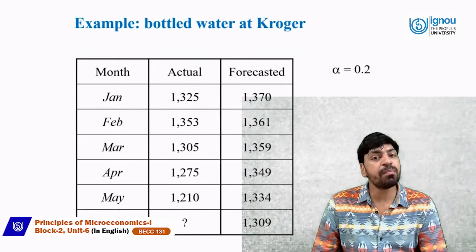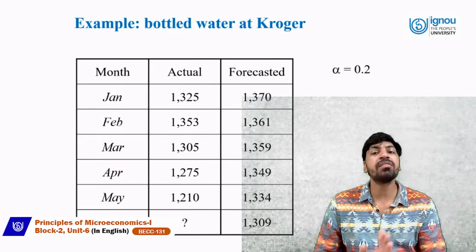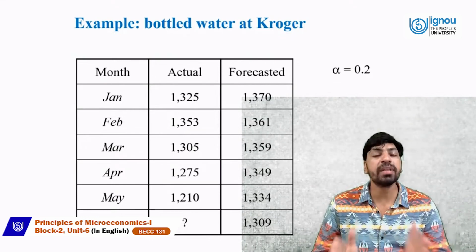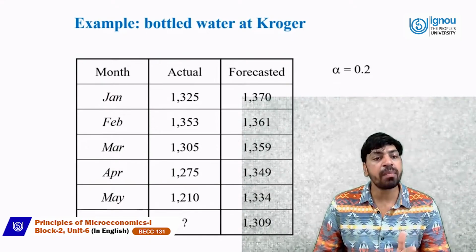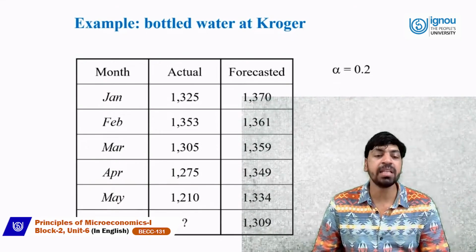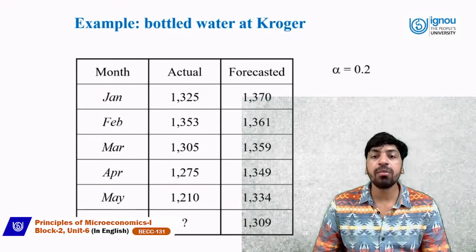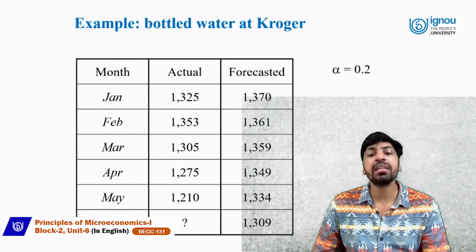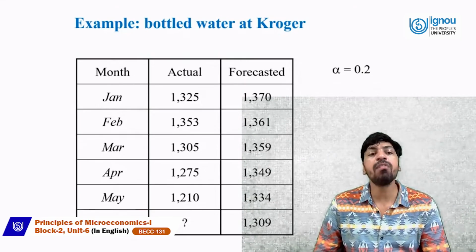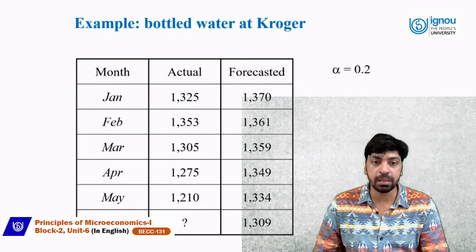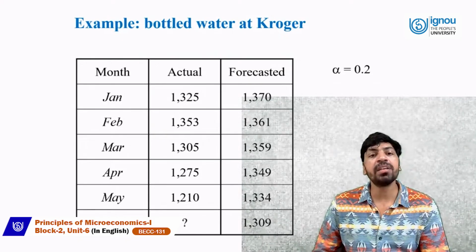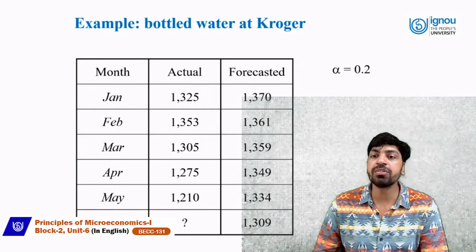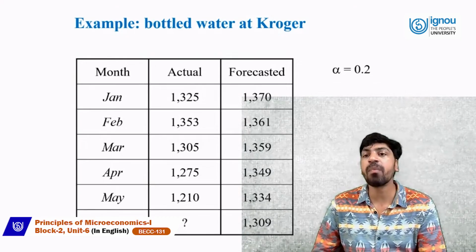In the January month, the actual and forecasted values are already given to you, and the actual values of all the months from January to May are given. Now you need to calculate the forecasted values of February to June. The alpha value is 0.2.